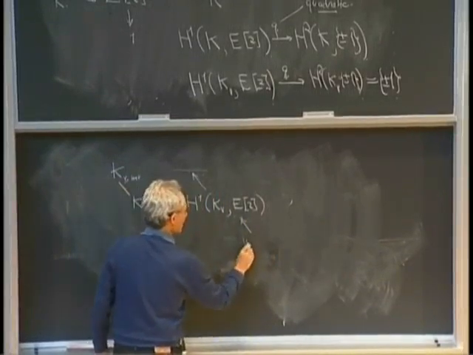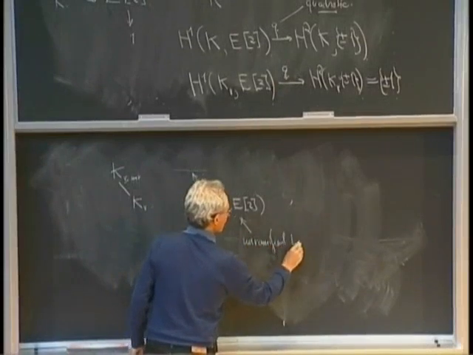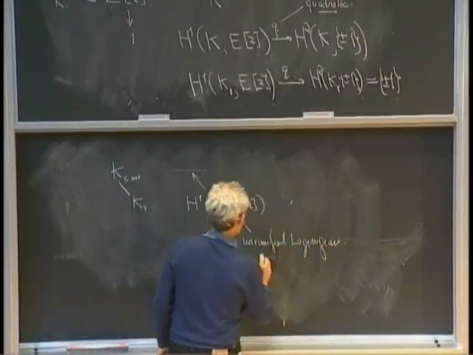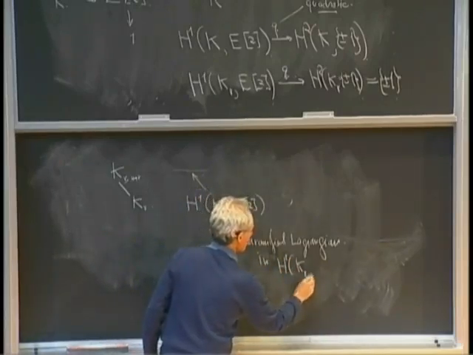I'll call this the unramified Lagrangian in H1 of K_v, E[2].